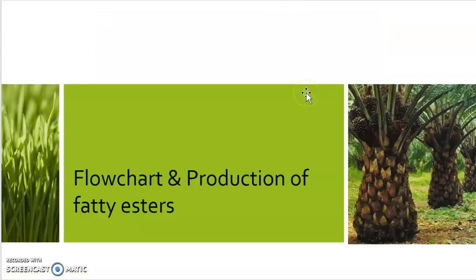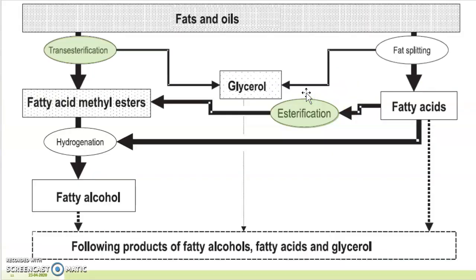Let us proceed with the flowcharts and production of fatty ester. There are two ways for us to produce your fatty ester: the trans-esterification process or the esterification process. Direct production of your fatty ester from triglyceride is trans-esterification. But if your fatty ester is produced from fatty acid, we call it esterification.